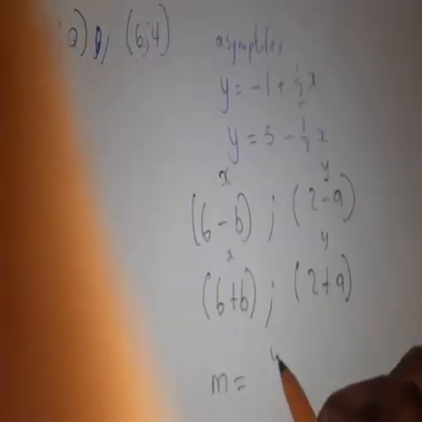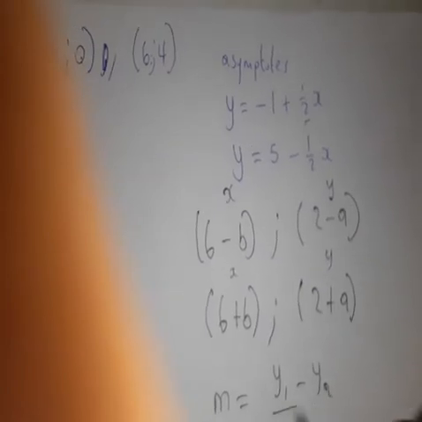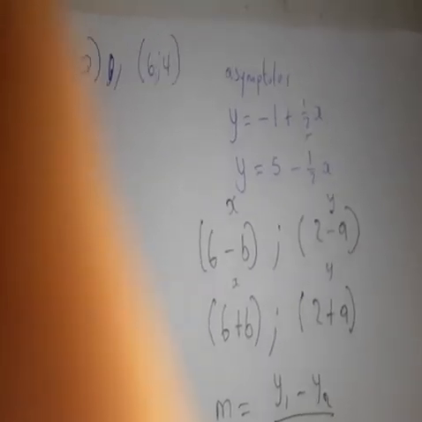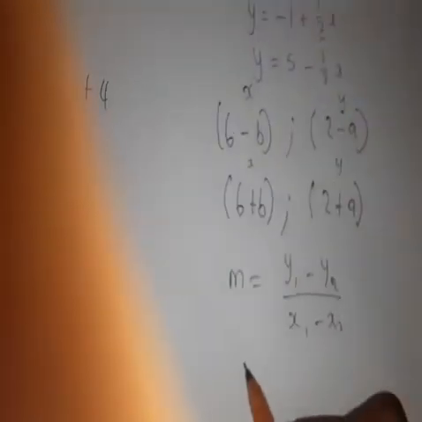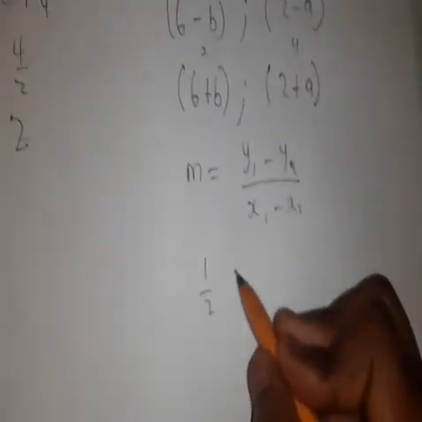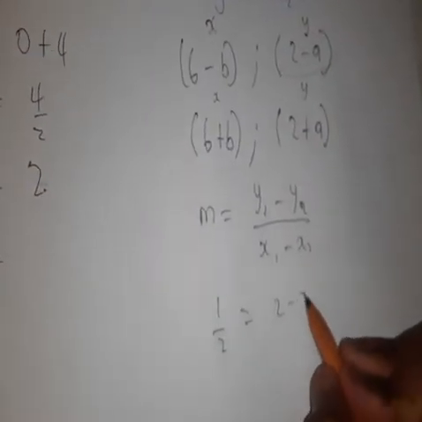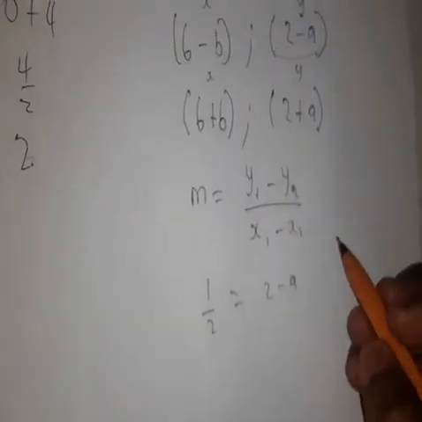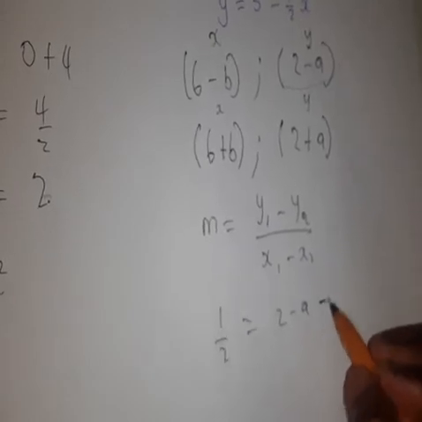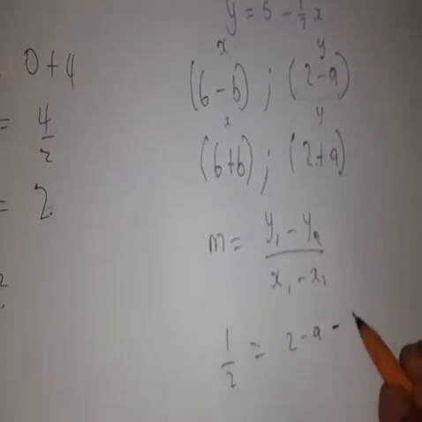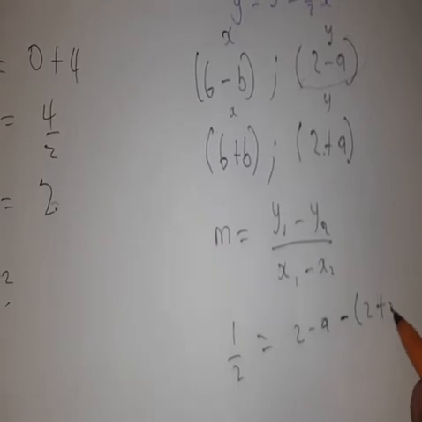So then we calculate the gradient. What is the gradient? m is equal to (y1 minus y2) divided by (x1 minus x2). So what is the gradient from the equation? It's half. So half equals y1, I can choose this one, 2 minus a, minus the other one, which is 2 plus a.